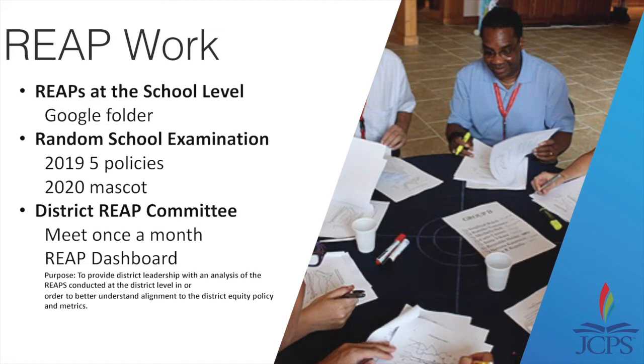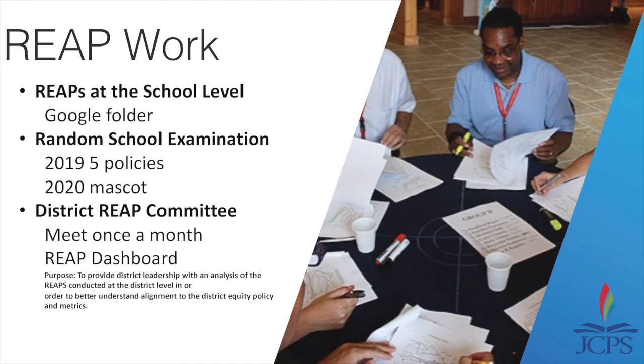In 2019, there were 5 policies that were filtered through the REAP per the superintendent's guidance: dress code, discipline, homework, protection of instructional time, assignment of students to classes, and programs. And then last year, 2020, each school had to filter their school's mascot through the REAP.